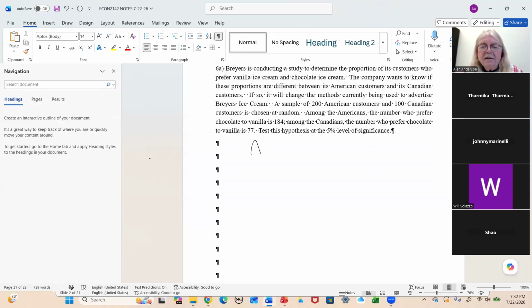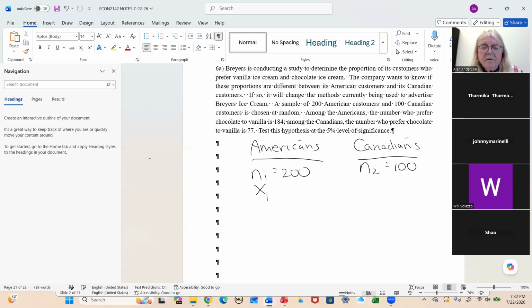So let's gather some data. 100 Americans, 100 Canadians. Americans who prefer chocolate is 184 for Canadians. It's 77.